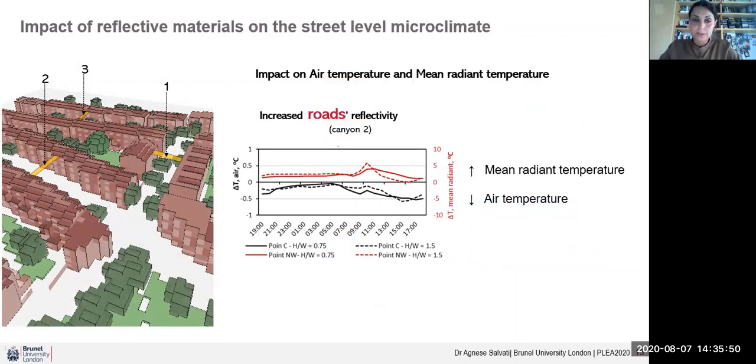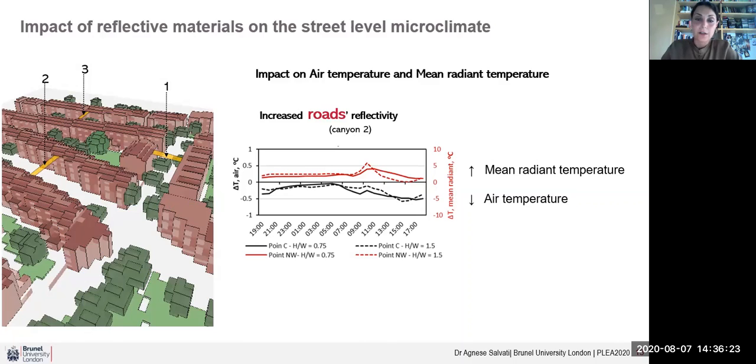A further assessment of the impact of reflective materials was aimed at checking any negative impact on the street level microclimate, because the increase of reflection determined by reflective material most of the time determines an increase of the mean radiant temperature, which is an unwanted consequence of using reflective materials to reduce the heat island effect.